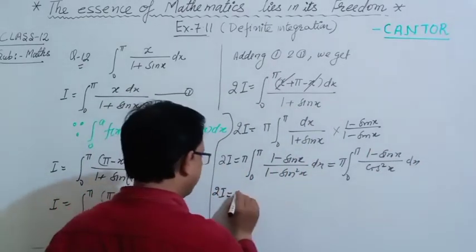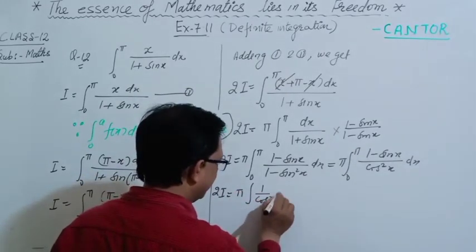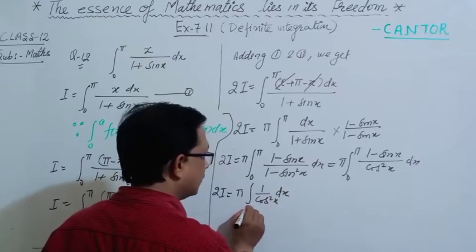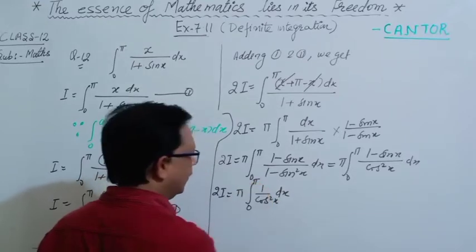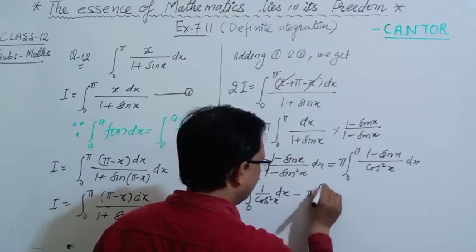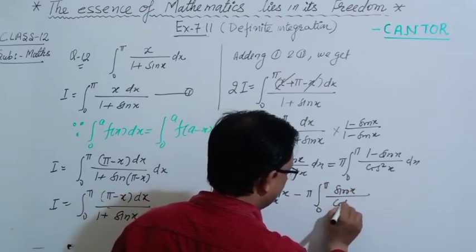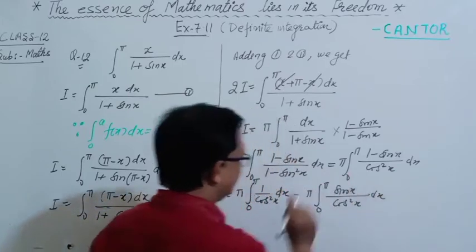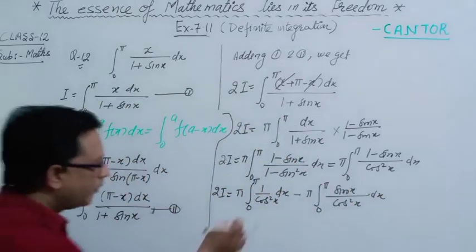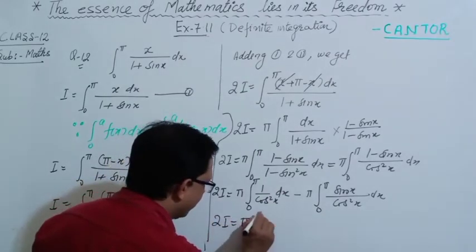So we get pi times the integral from 0 to pi of 1 upon cos square x dx, minus pi times the integral from 0 to pi of sin x upon cos square x dx. And 1 upon cos square x becomes secant square x.